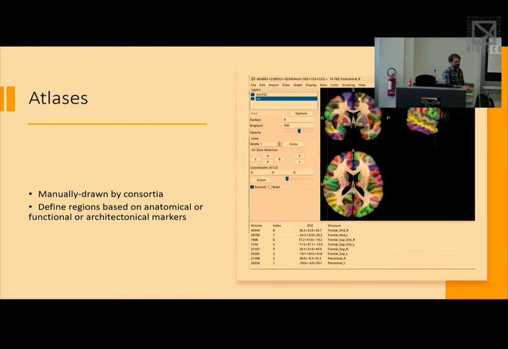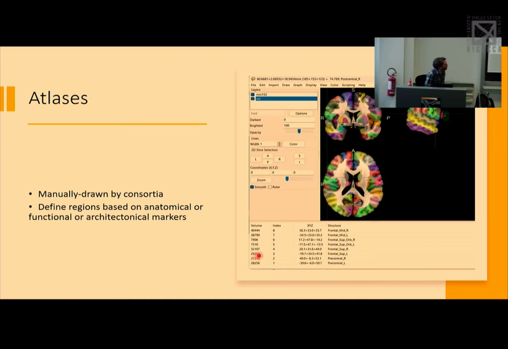When you have these standardized templates, you also have atlases, which are manually drawn by consortia, and they define regions based on anatomical markers. So you know the sulci that you can recognize, the gyri, which are the turns of the gray matter that you see on the images. Or maybe with other studies, you have functional landmarks, which are all things that you can recognize.